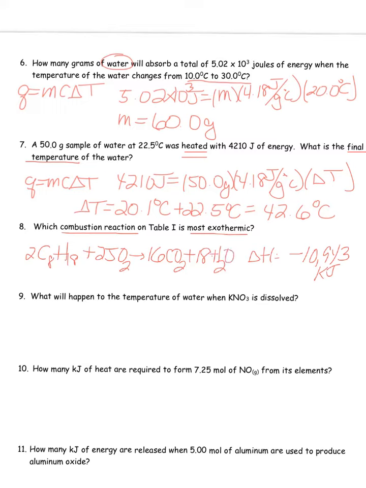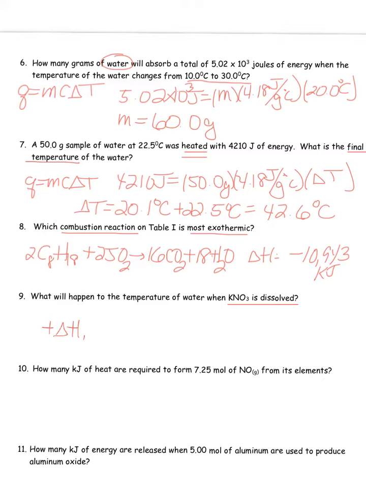Number 9 is another problem that requires us to look at table I, but this time we're looking at the bottom section of table I. When KNO3 dissolves, we want to look at the delta H. The delta H for that solution or dissolving of KNO3 is a positive delta H. So when I look that up, I see positive.